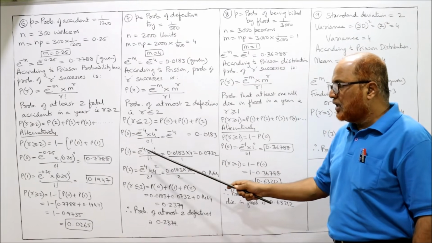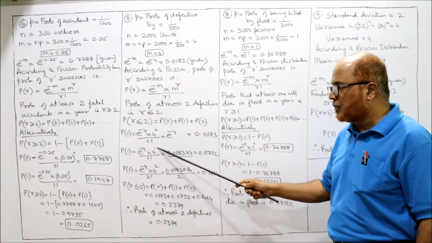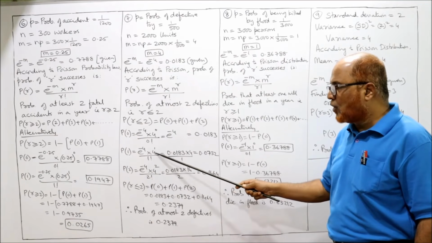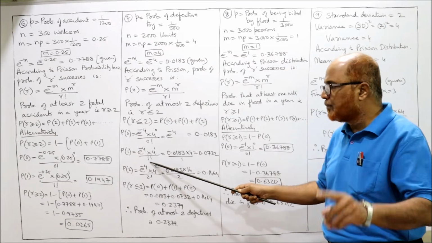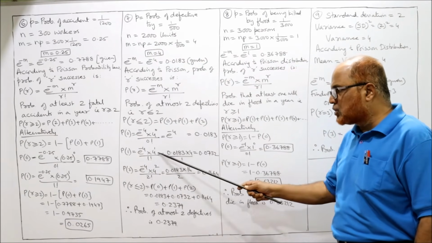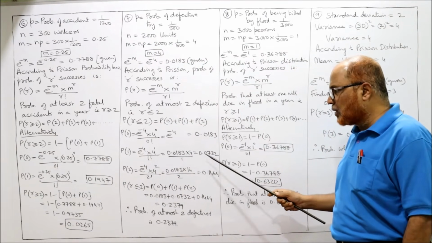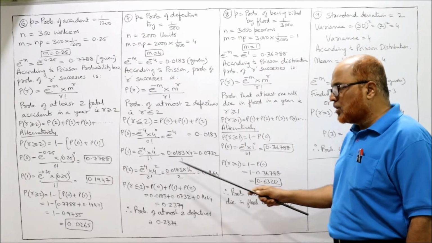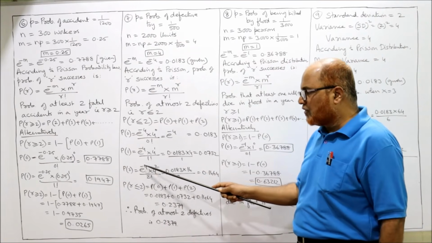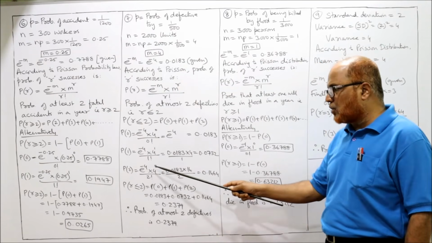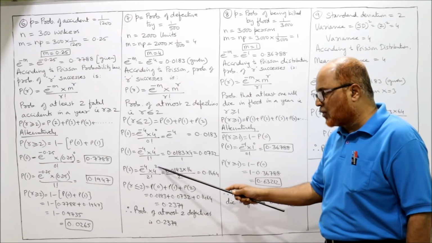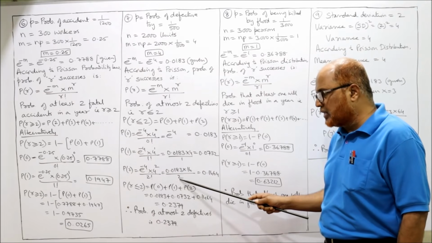Now P of 1 is e to the power of minus 4 into 4 to the power of 1 by 1 factorial. 4 to the power of 1 means 4. 1 factorial means 1. So 0.0183 into 4 divided by 1, you are getting 0.0732. Now P of 2 is e to the power of minus 4 into 4 to the power of 2 by 2 factorial. So 0.0183 into 16, 4 4s are 16, and 2 factorial, 2 into 1 is 2.